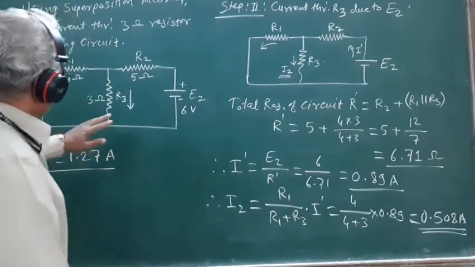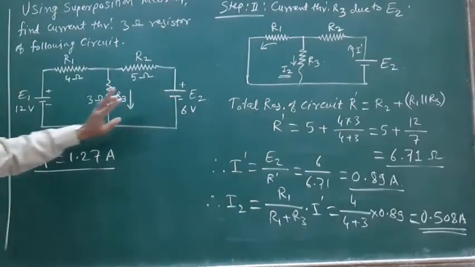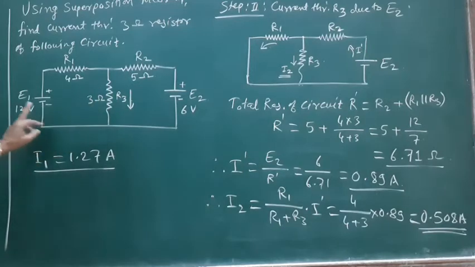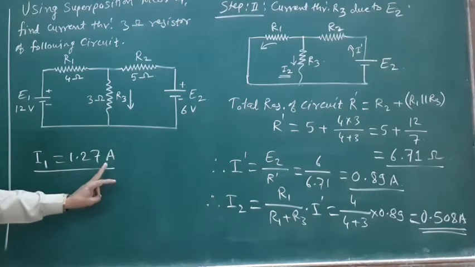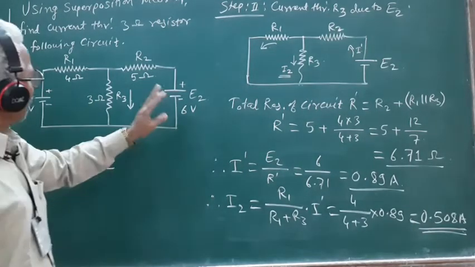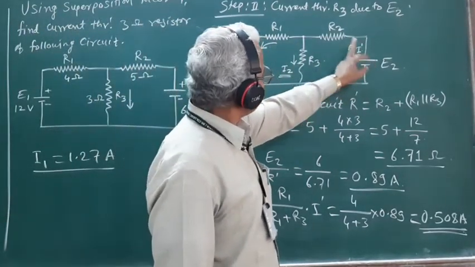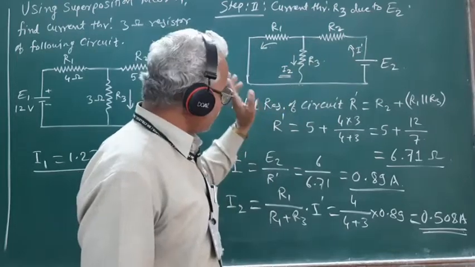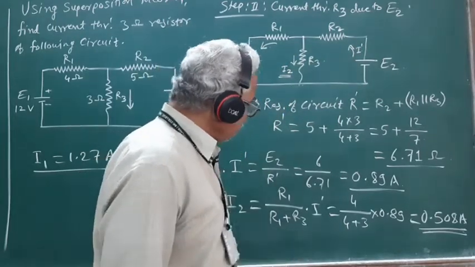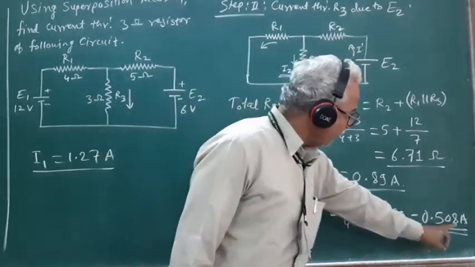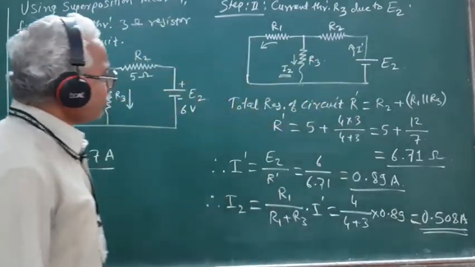So, in the absence of E2, the current flowing through R3 is 1.27 ampere, and in the absence of E1, the current sent by the source E2 through this resistance R3 is I2 equal to 0.508 ampere.